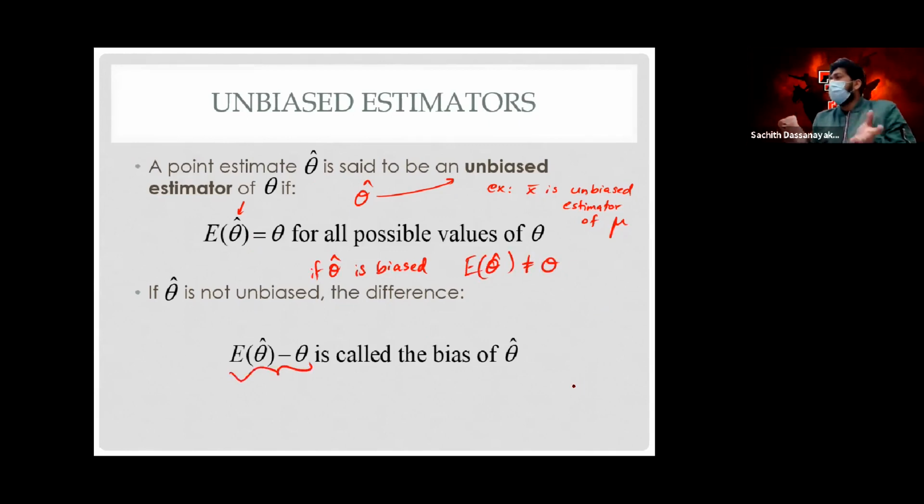Since this is not equal, definitely there is a difference. We call that difference the bias. It is some kind of value, let's say 5. So we call it the bias of theta hat, the bias of our estimator. Okay, clear?